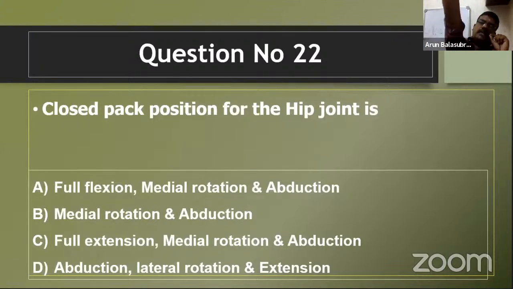For example, elbow extension is the close pack position for the elbow. When you do extension beyond that, it will cause fracture of the elbow. For the hip joint, full extension, medial rotation, and abduction is the close pack position. Going further causes either dislocation or fracture of the hip. So every joint has a close pack position and an open pack position. As a manual therapist, when you do manual therapy or assessment, you should always keep the joint in the resting position or the neutral position, not in the close pack position.